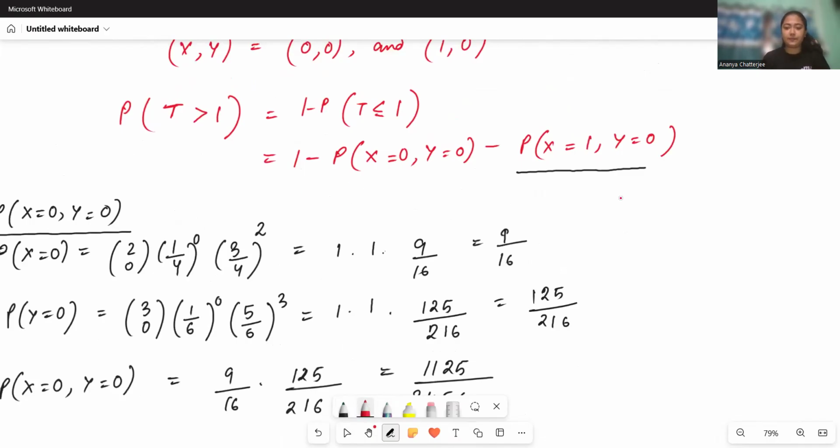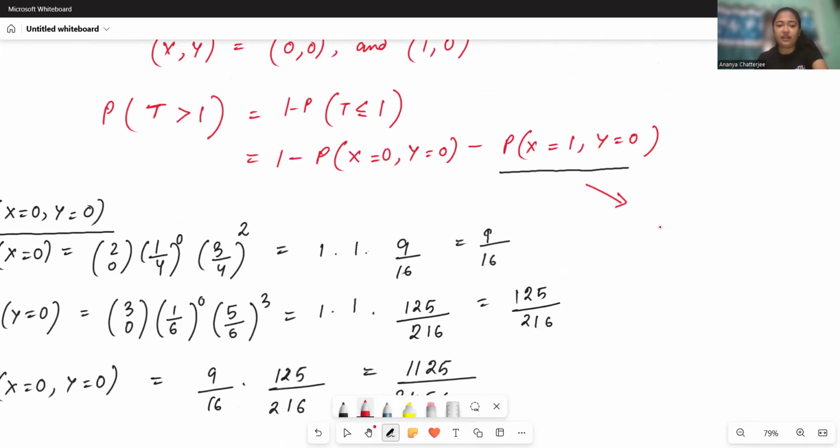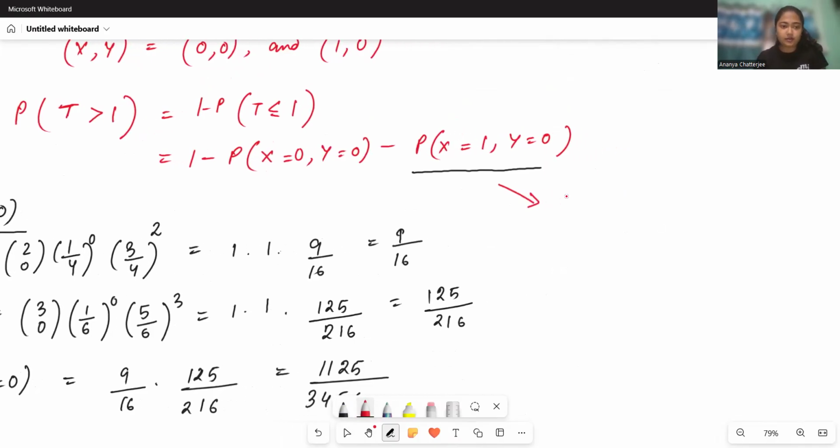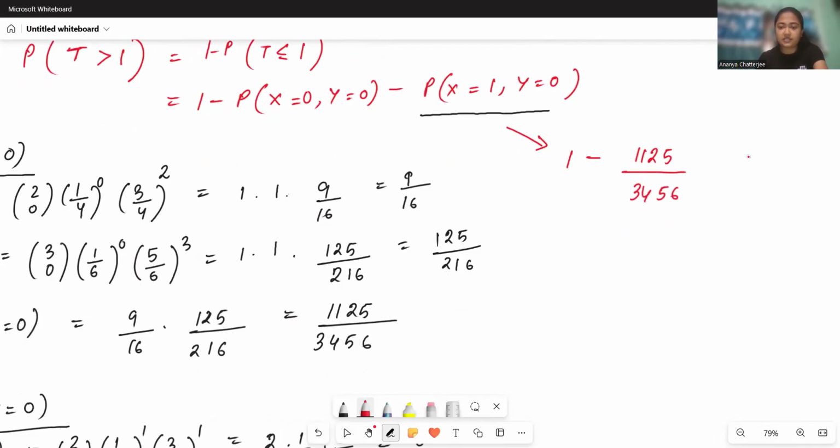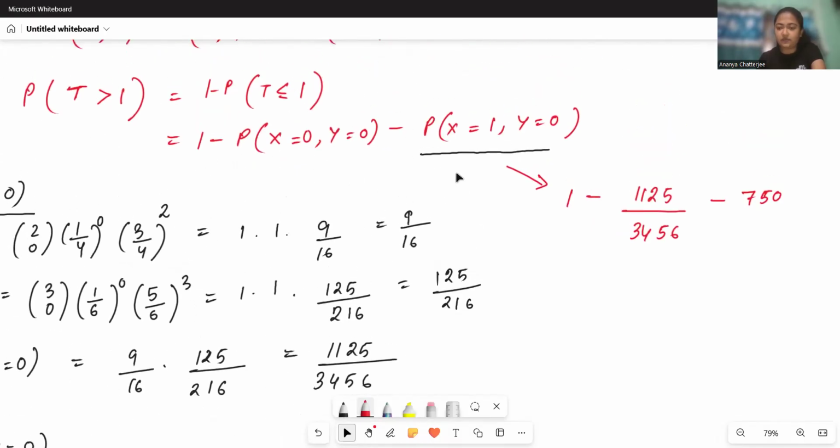Okay. Now we combine this and come back to what we wrote: 1 minus probability x equals 0, y equals 0, that was 1125 by 3456, minus 750 by 3456.